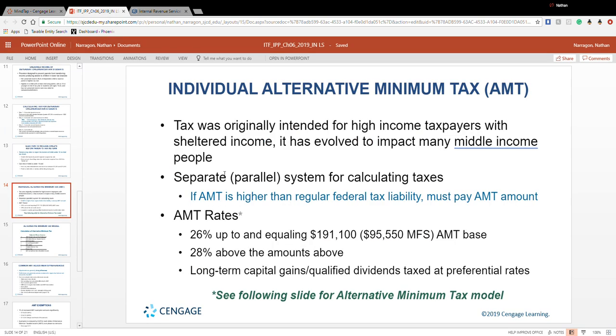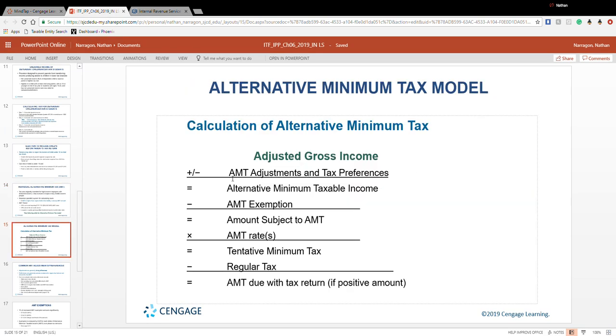So, how we calculate this is right here. The calculation of alternative minimum tax, how the book puts it, is basically adjusted gross income, and we either add or subtract alternative minimum tax adjustments and tax preferences, and this equals the taxable income.